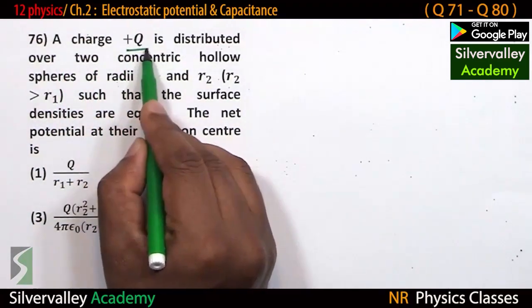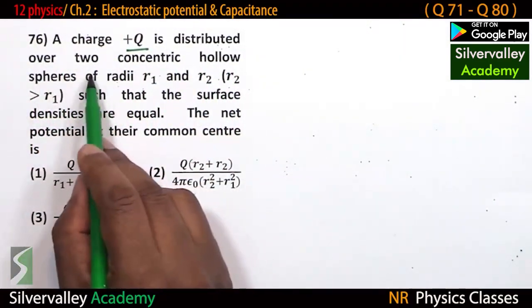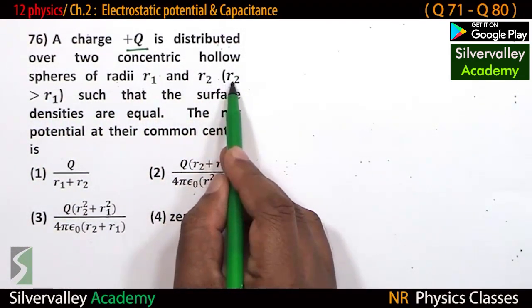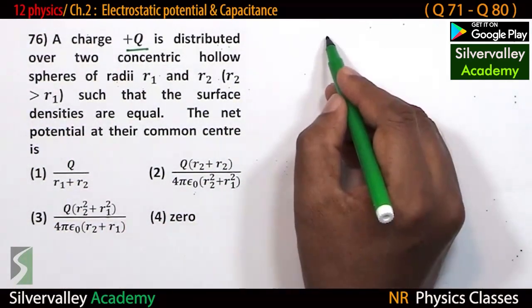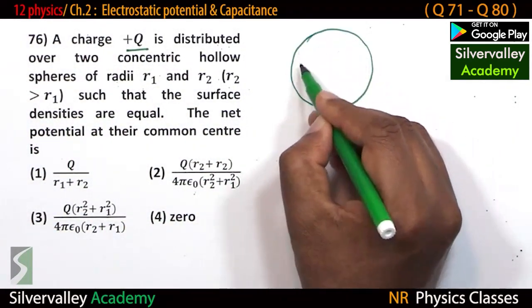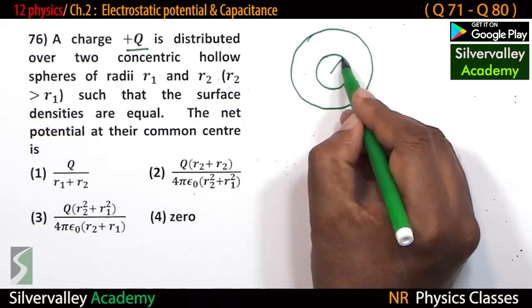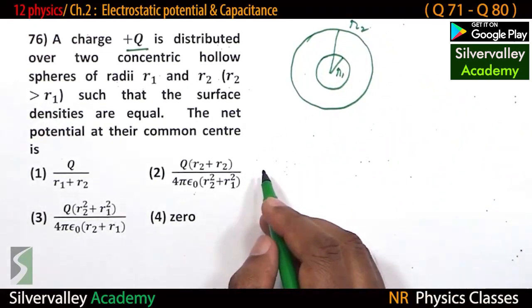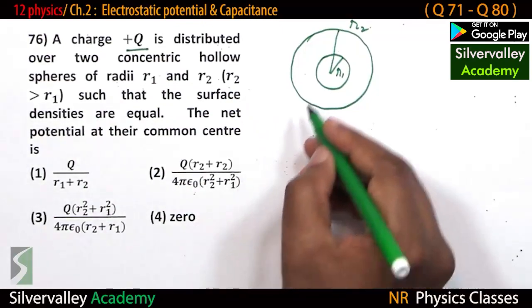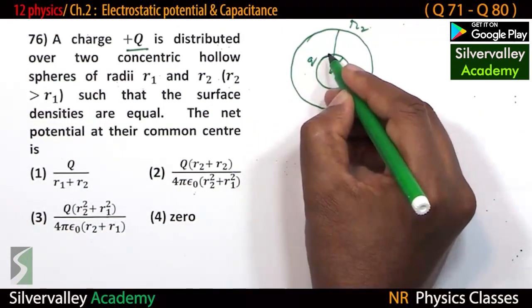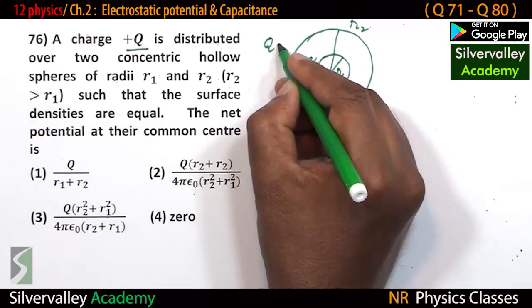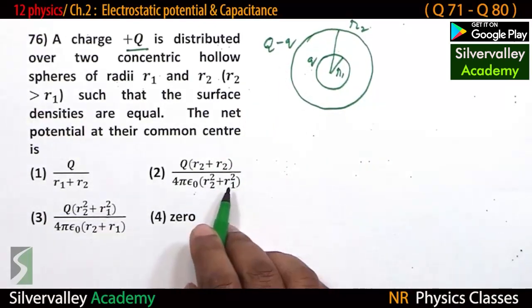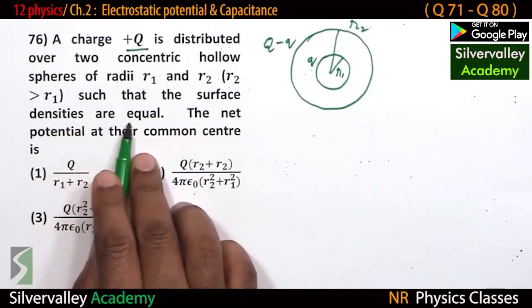A charge Q is distributed over two concentric hollow spheres of radii R1 and R2, R2 greater than R1. This is R2, this is R1. Inner is R1, outer is R2. Total charge is Q. Let the charge on the inner be small q. So the charge on the outer is total minus q, the remaining charge on the outer sphere, such that their surface densities are equal.